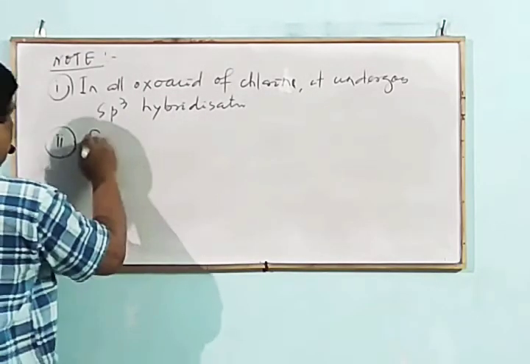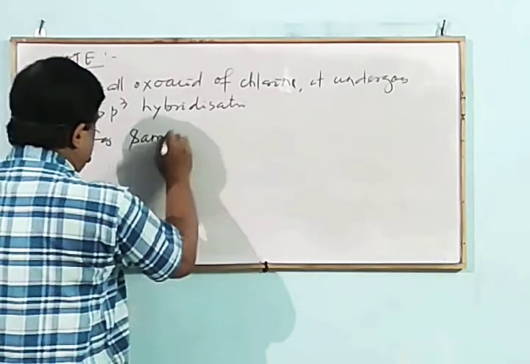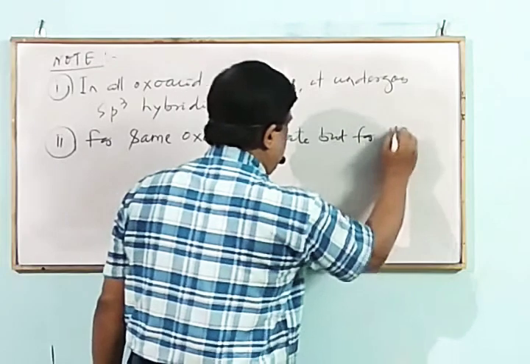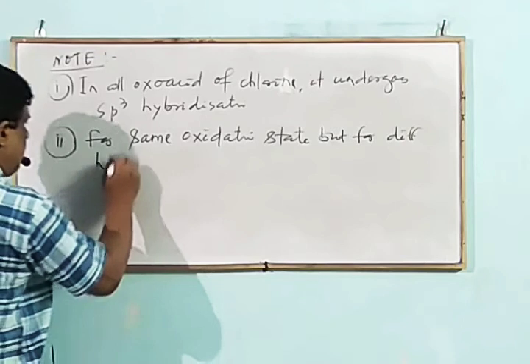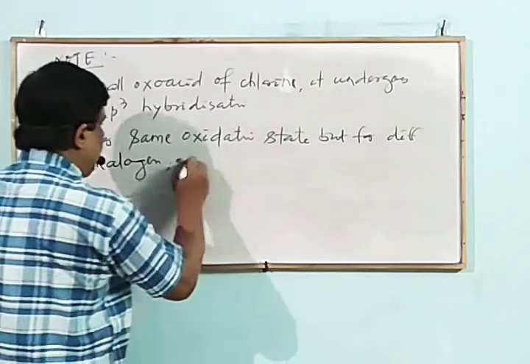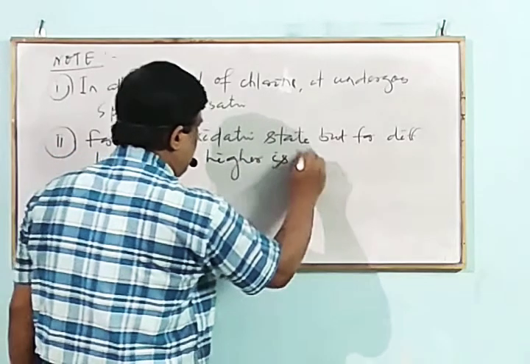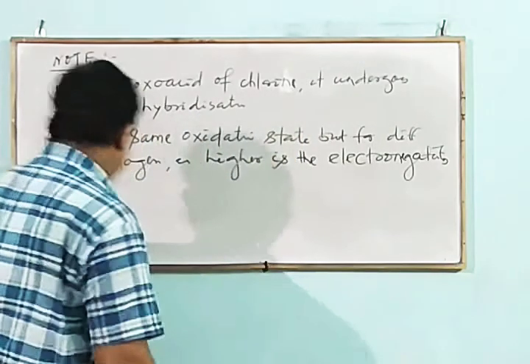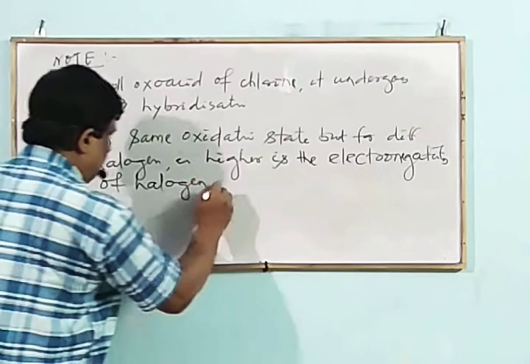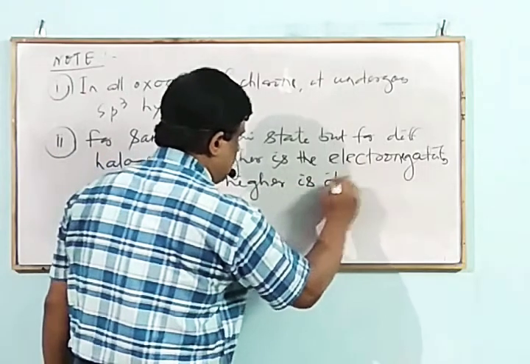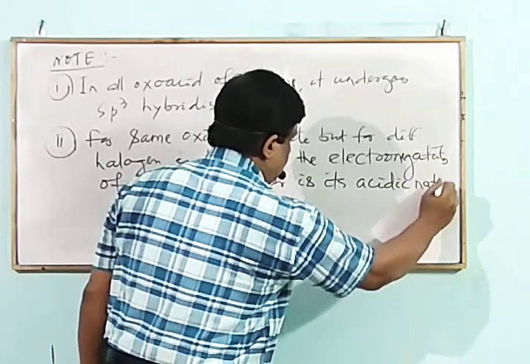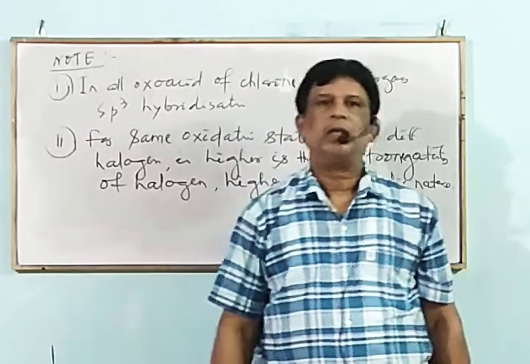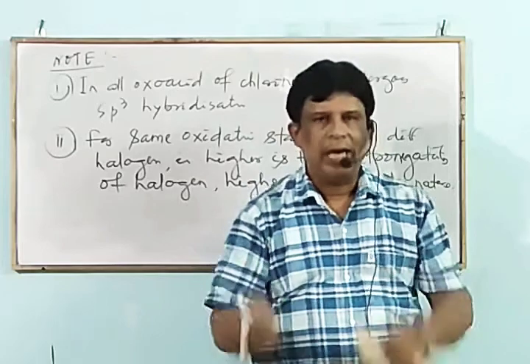Second point, for the same oxidation state but for different halogens, the higher the electronegativity of the halogen, the higher is its acidic nature. Mark that. I repeat again. For the same oxidation state, different halogen, the higher the electronegativity of the halogen, the higher the acidic nature.